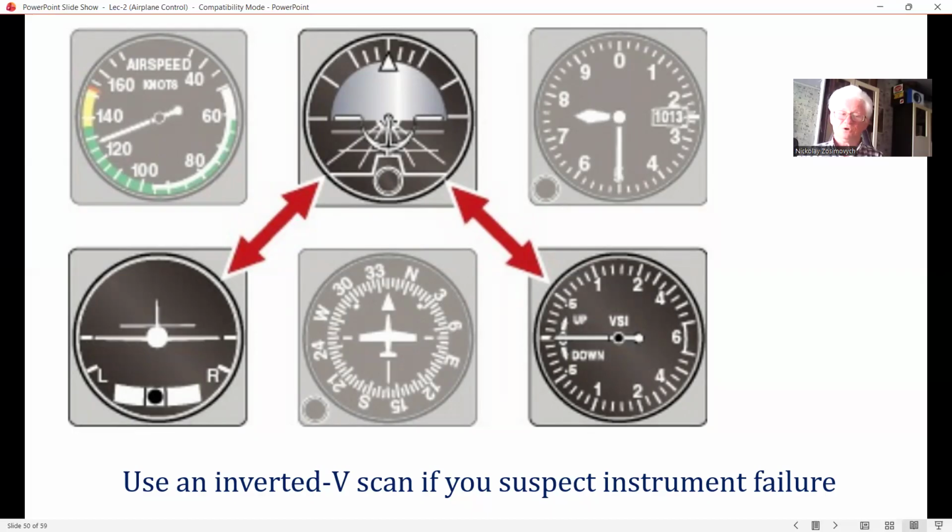Each of these instruments normally has a different power source: the vacuum system for the AI, the electrical system for the turn coordinator, and the static system for the VSI. So a false indication on one should not be reflected on the others. Confirmation of attitude and flight path can then be achieved using the other instruments.